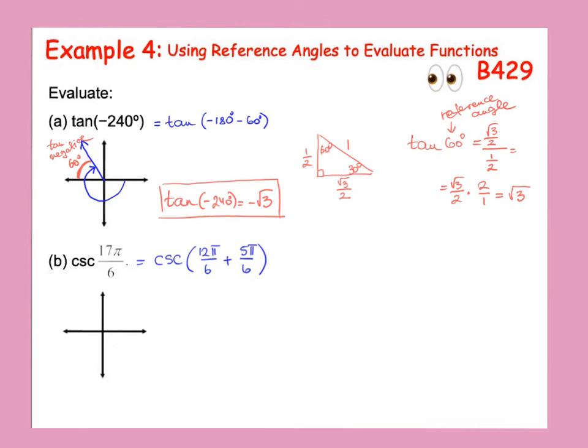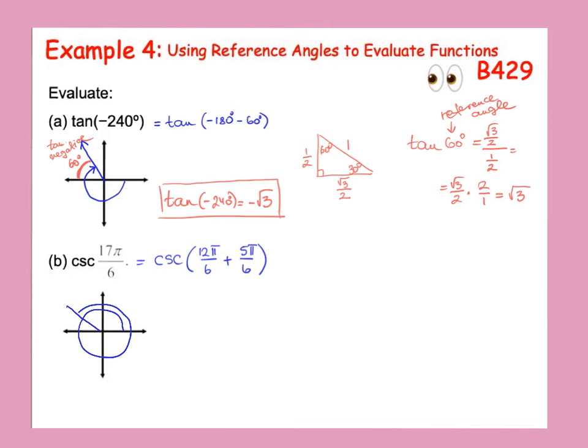So if I'm looking at 12 pi over 6, that's basically an entire circle, because 12 divided by 6 is 2 pi. So I'm going in the positive direction. I'm going to go an entire circle. And then from there, I still need to go 5 pi over 6, which is almost pi. So I'm going to go 5 pi over 6.